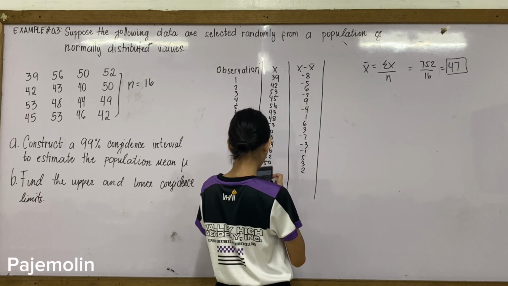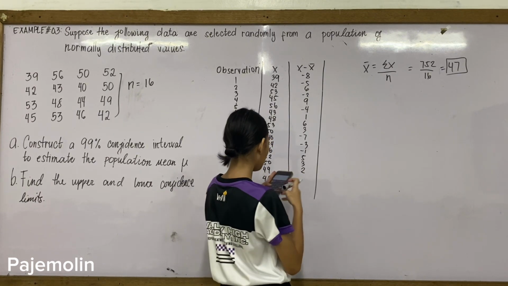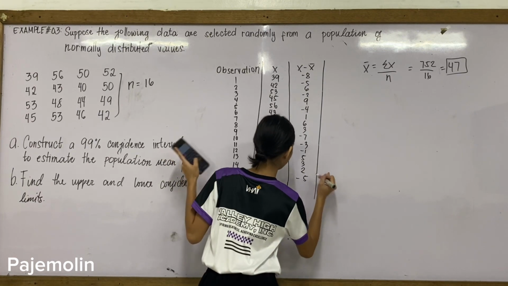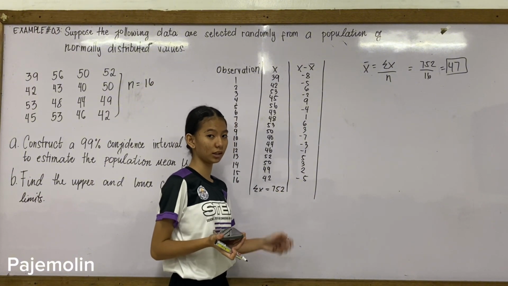And 42 minus 47 is negative 5. So this is our third column.